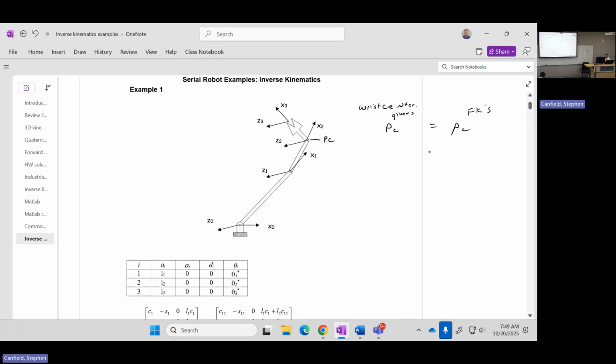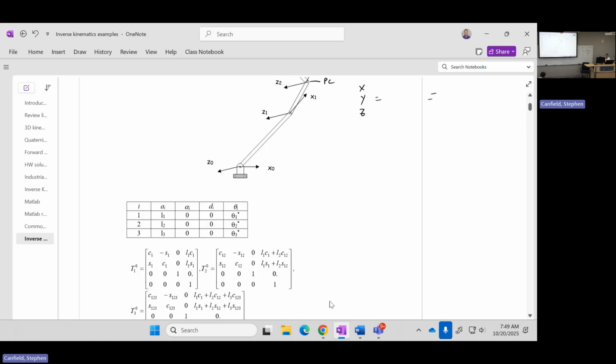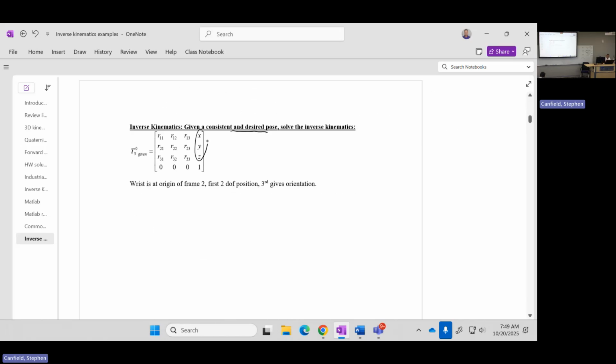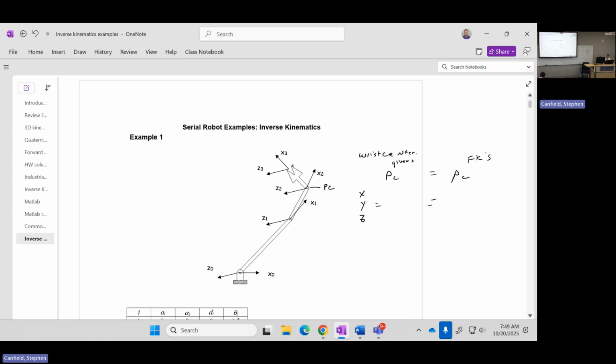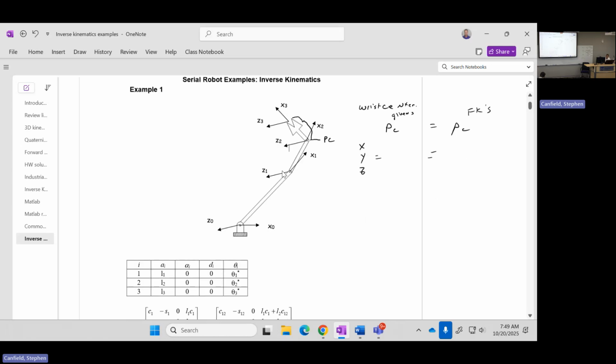Those are expressions. On the left-hand side, from the givens, I'm given the position and orientation of frame 3. The position of frame 3 is here, X, Y, Z. And then I see I have to back up in the direction X3 by a distance, in this case L3.